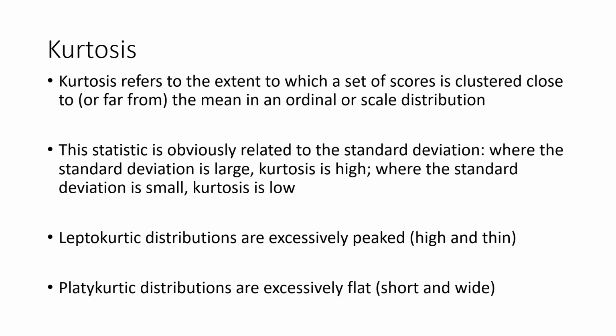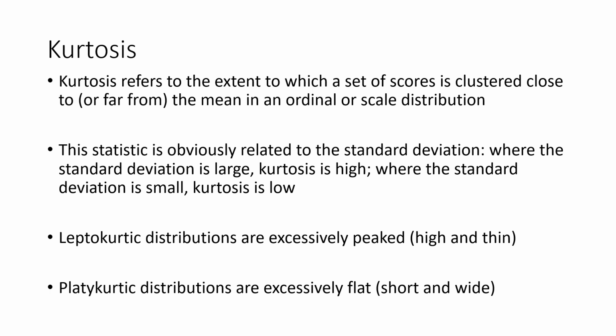And when there is a small level of spread, when most of the scores are clustered around the mean in a distribution, then the standard deviation is low and kurtosis is low. So high levels of kurtosis are associated with high standard deviations, and low levels of kurtosis are associated with low standard deviations.